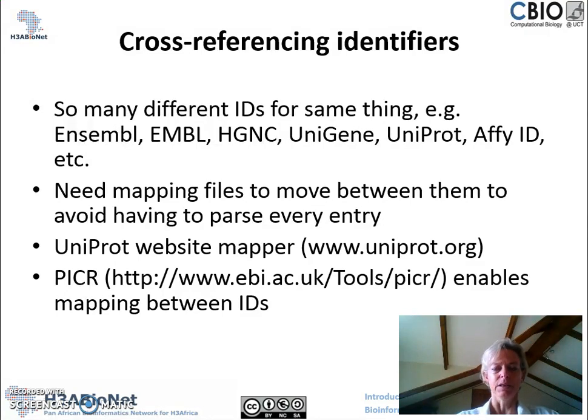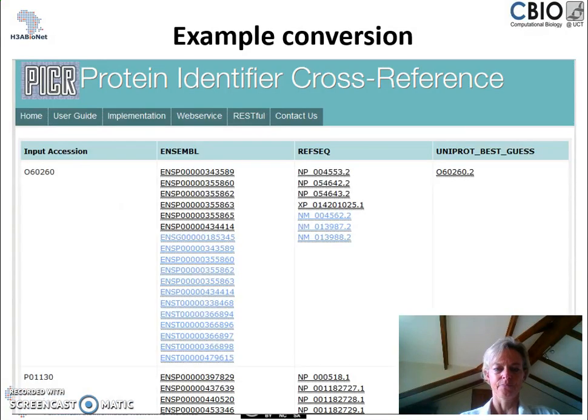And then there's PICR, which is another tool, the Protein Identification Cross-Reference resource. So what these do is you input one or more accession numbers of the ones that you want, and then you tick off the databases where you want to find the corresponding accession number. And then it does the conversion.